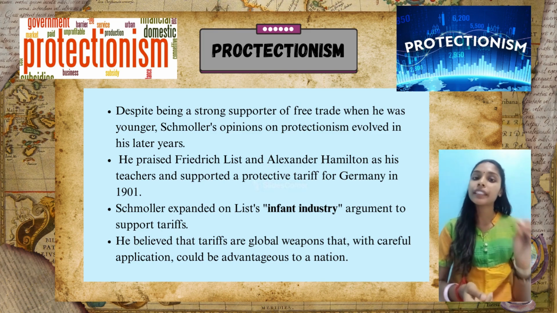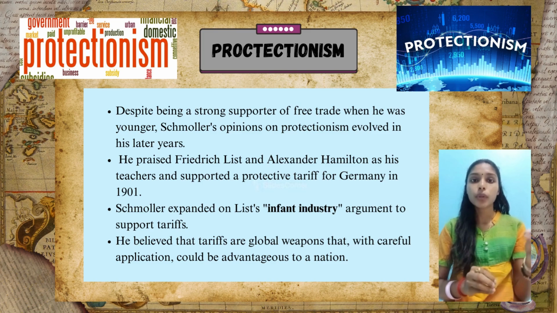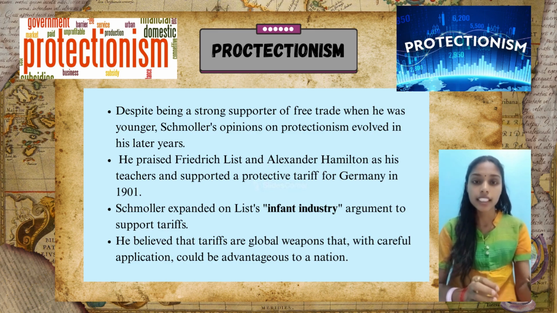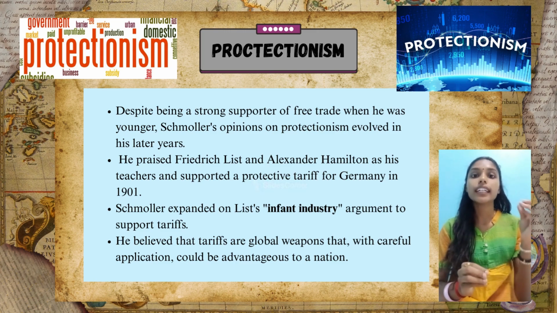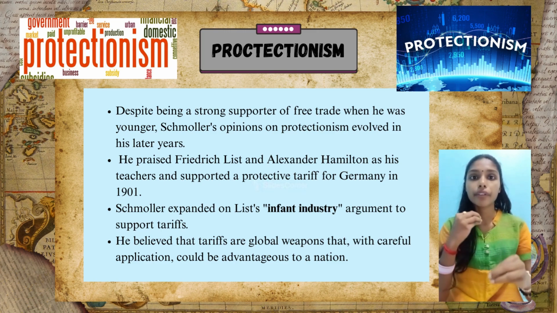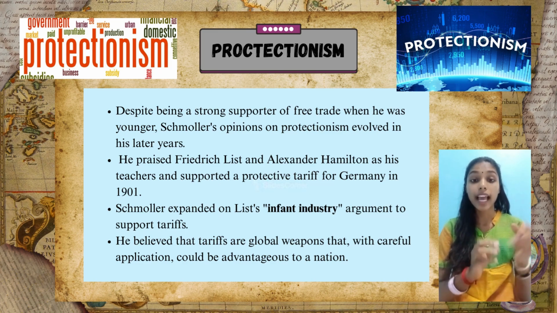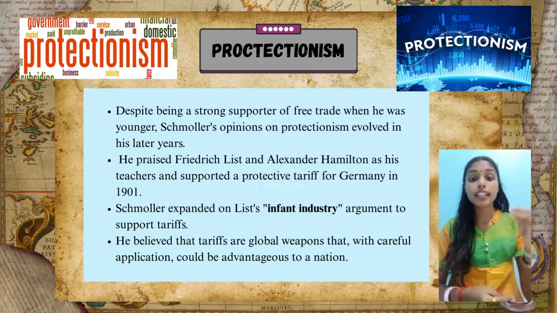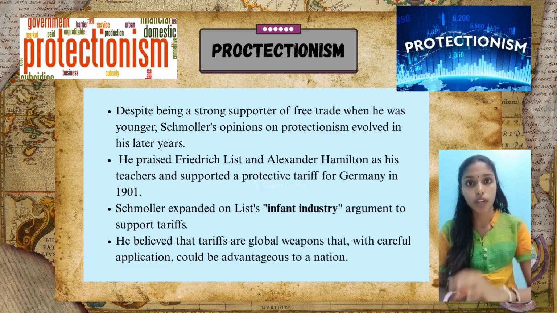Now I want to explain protectionism. Although Schmoller was a strong supporter of free trade when he was younger, his opinions on protectionism evolved in his later years. He praised Friedrich List and Alexander Hamilton and supported a protective tariff for Germany in 1901.